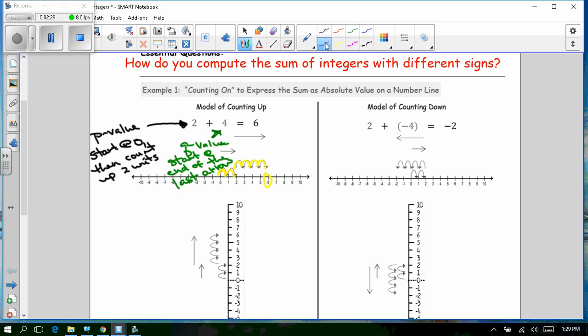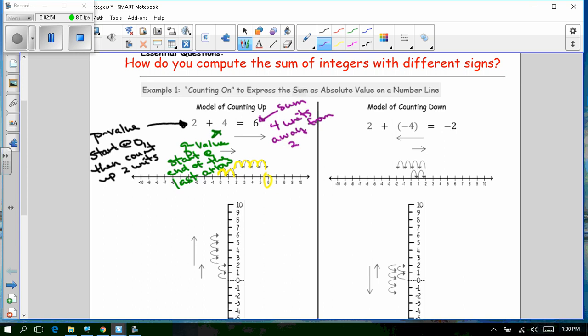It's the sum. This is our sum, our answer. Now, in this particular case, our sum, 6, is 4 units away from the 2. 6 is 4 units away from 2.